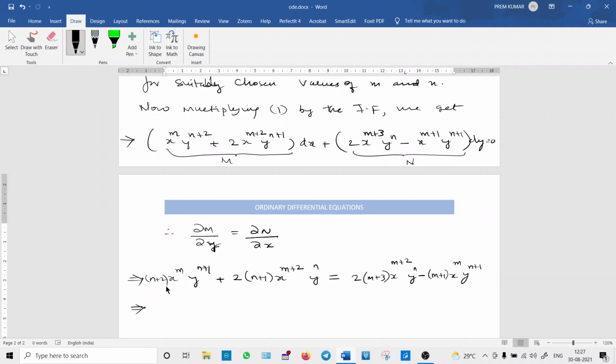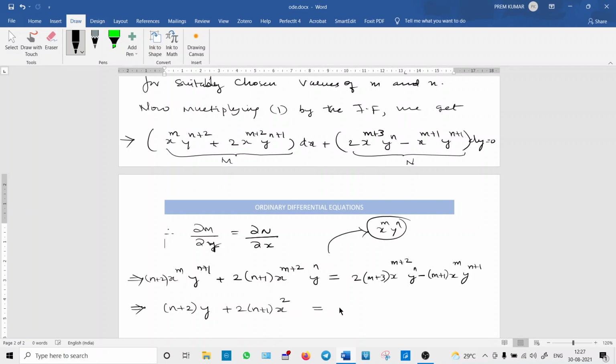From this equation, on both sides you take out x power of m and y power of n. So what is remaining? n plus 2, this x power of m is out, now only y is remaining. In this term also take x power of m into y power of n out. So what happens? 2 into, we get only x square remaining.